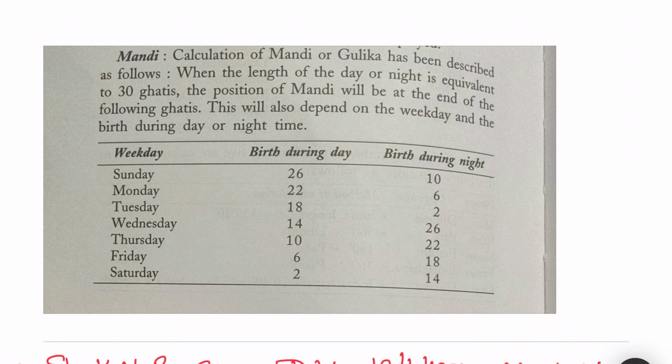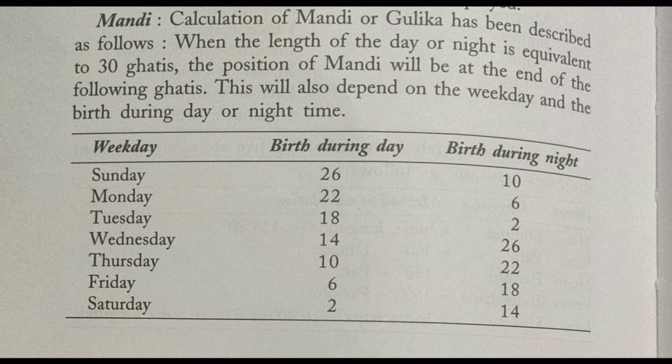And these are the Ghatis for a weekday. For birth during the day on Sunday we use 26 Ghati, and for birth during the night on Sunday we use 10. Similarly, for Monday we use 22 for the day and 6 for the night.